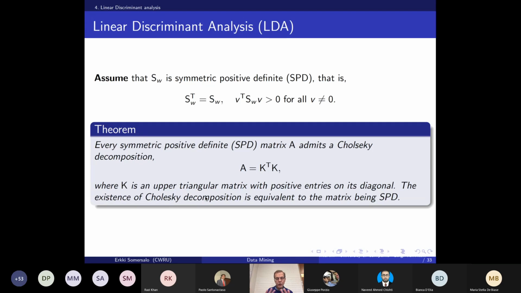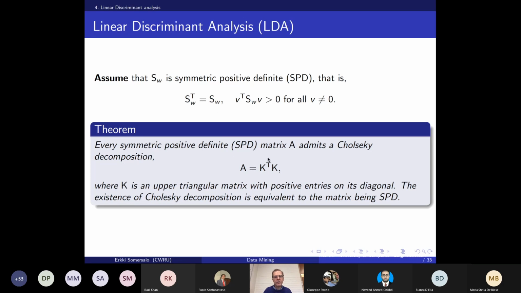If you can't, no, it wasn't. So this is almost like a definition of the symmetric positive definite matrix. Some people even define symmetric positive definite matrices as those symmetric matrices which have the Cholesky decomposition. This is equivalent to the matrix being symmetric positive definite. So this is good to remember.